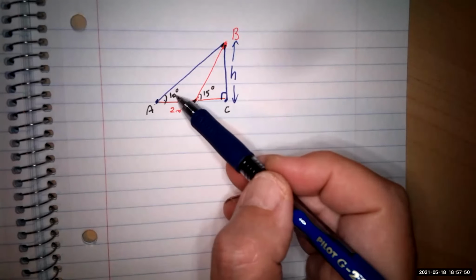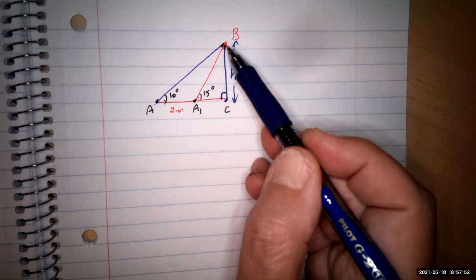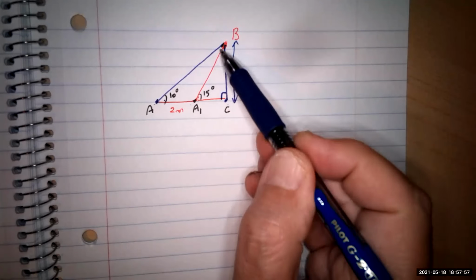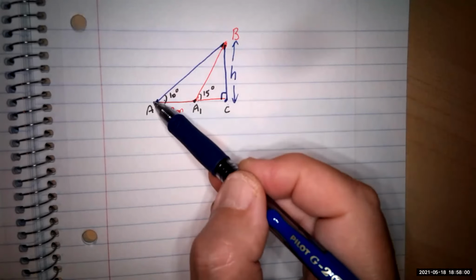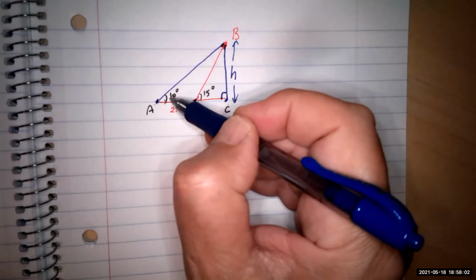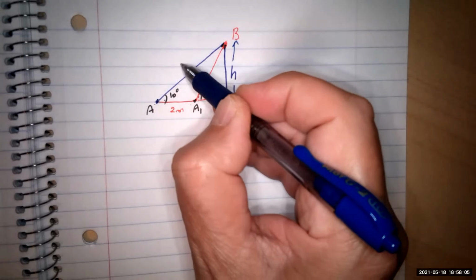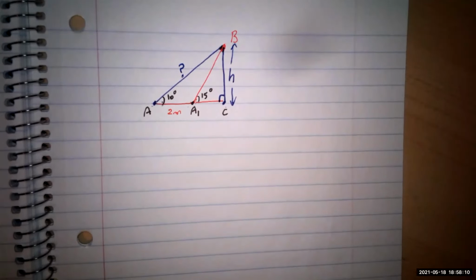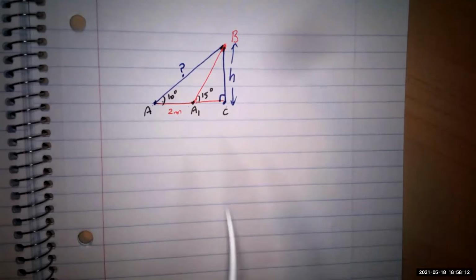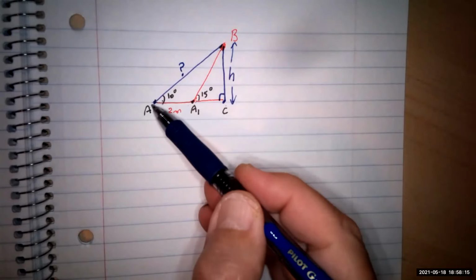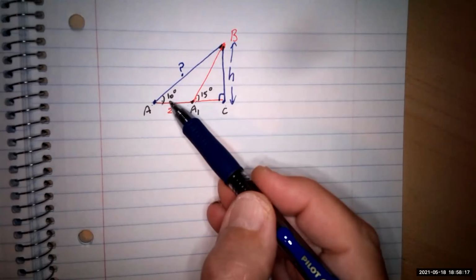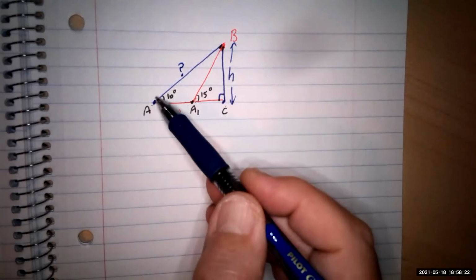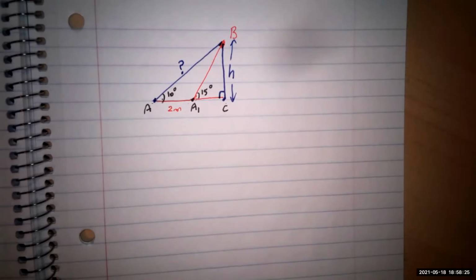Remember, the sine of an angle in a right triangle is the ratio of the opposite side over the hypotenuse. If you decided to use the angle 10, you have to find this hypotenuse. Then sine of 10 would be h over whatever it is, and you'll be able to find h.